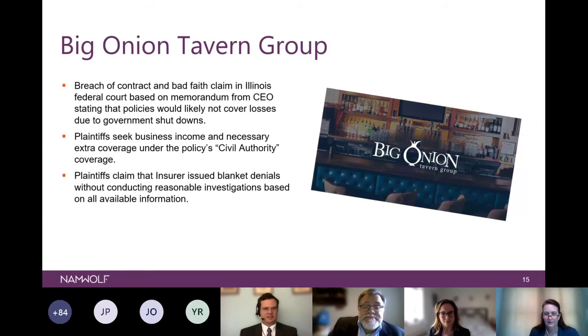Yeah, and I'll add to that. I don't know anything about the circumstances of this particular case, but it would be surprising to me if a higher up in an insurance company had written a memo directing that these claims be denied on a blanket basis.